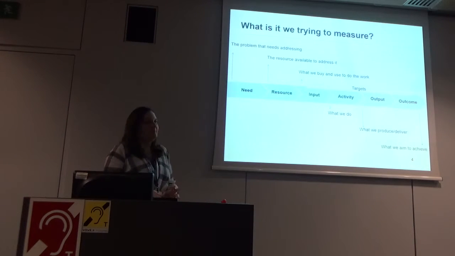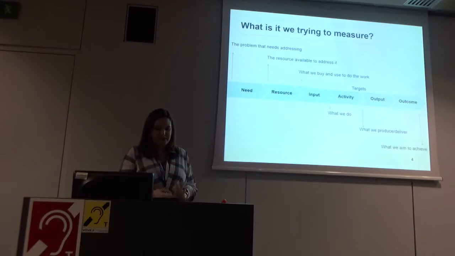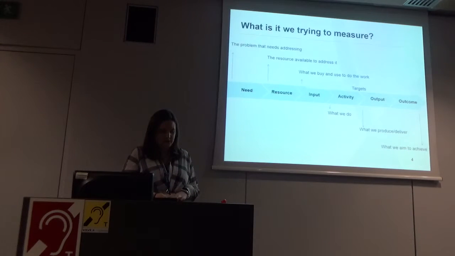Some of you might be familiar with this logic model approach or production process model, but this sets out what it is that we're trying to measure and some of the basics.